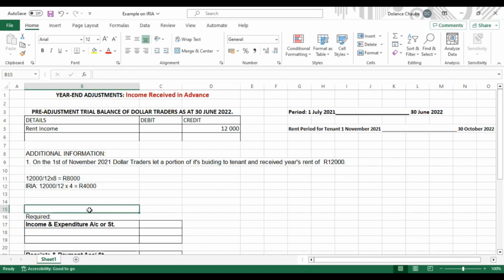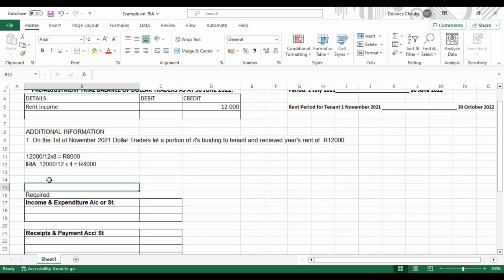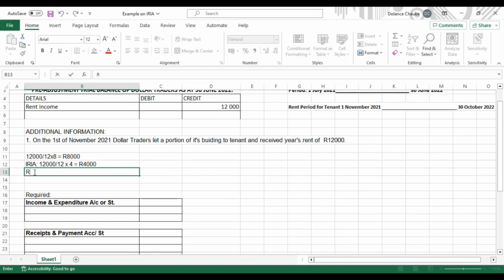So income received in advance is 4,000 rent. The amount that qualifies to go to our income and expenditure is 8,000, and the amount that we received from the tenant is 12,000.